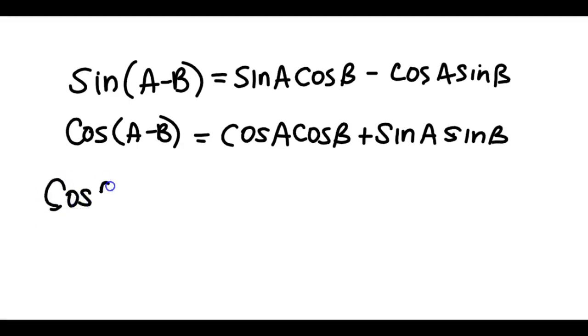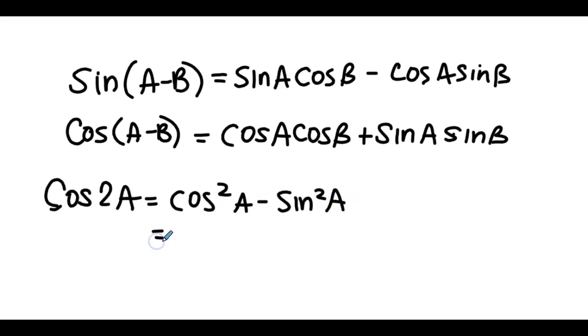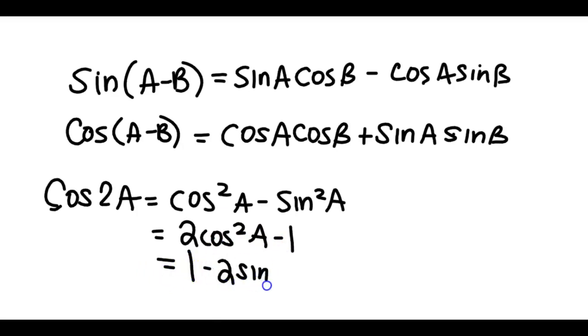So cos 2A, this is the one I gave you. It could also be 2 cos squared A minus 1, or it could also be 1 minus 2 sine squared A.